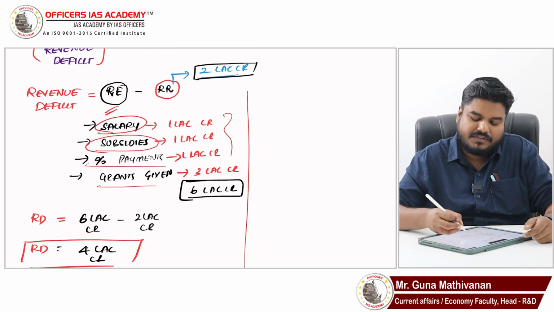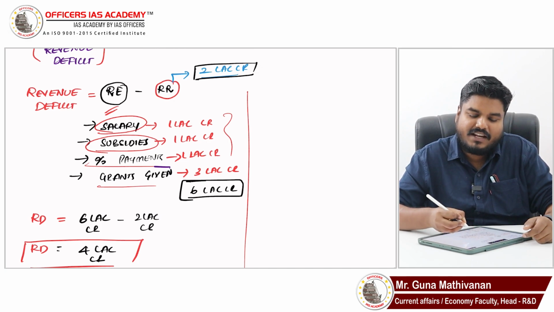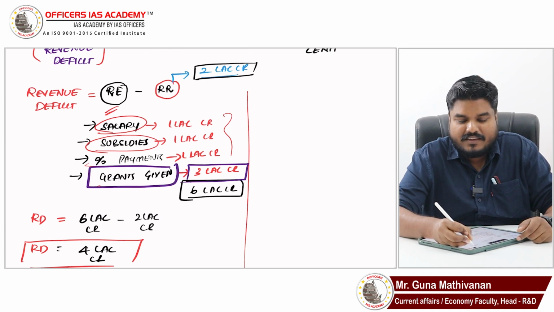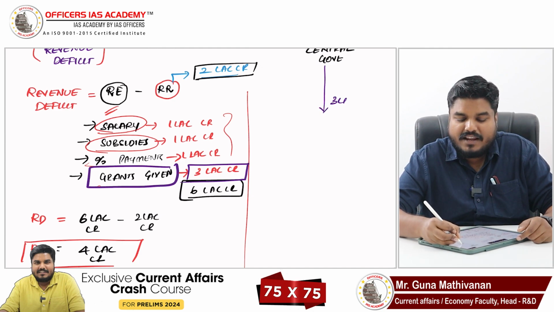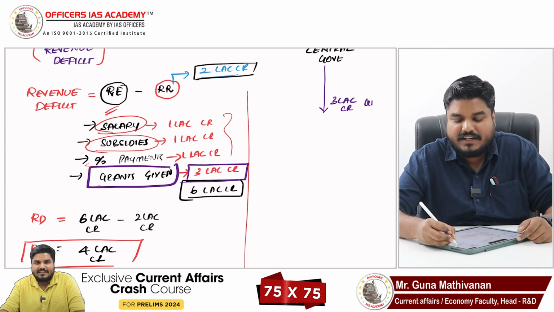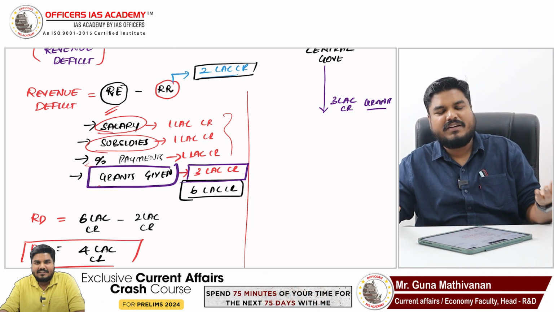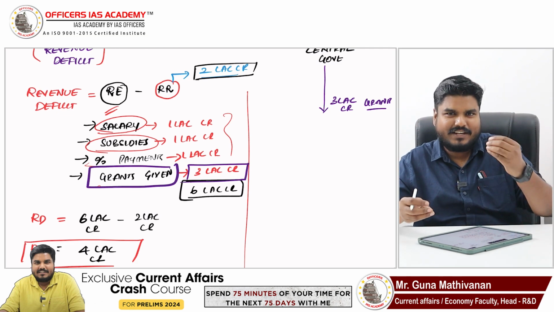Let me assume this grants part. The central government is giving 3 lakh crore rupees of grants. See, remember, grants are gifts. The central government can give these grants to anyone.